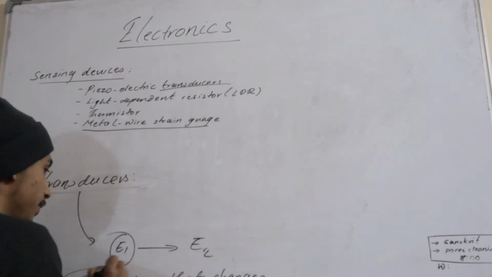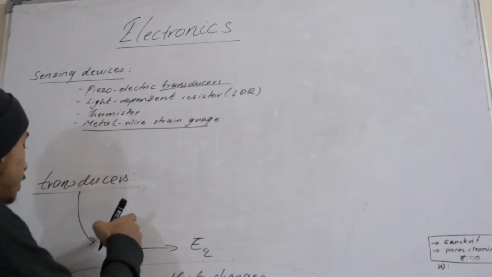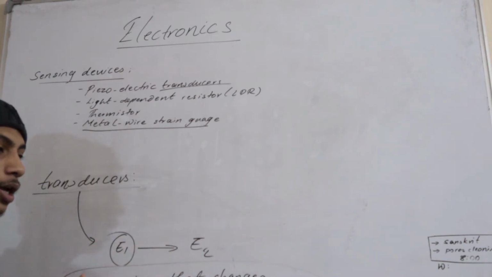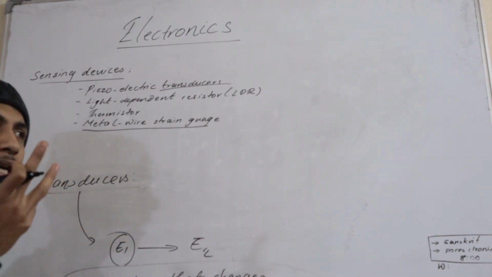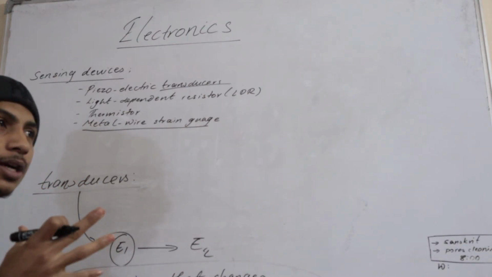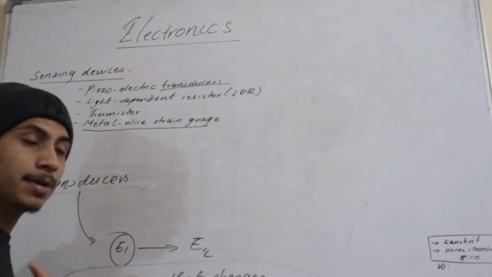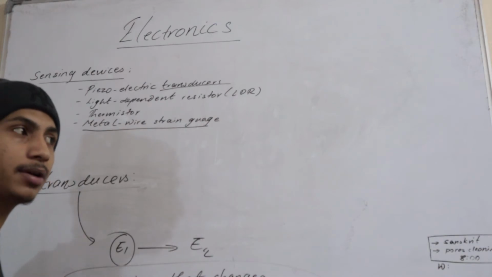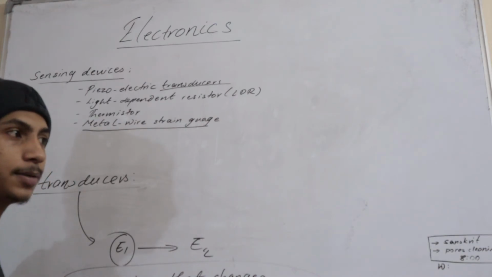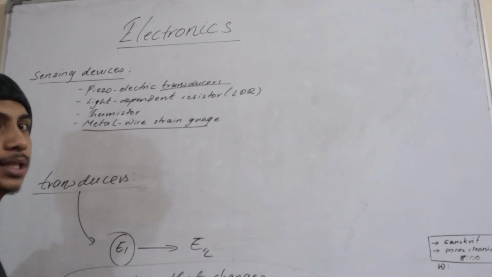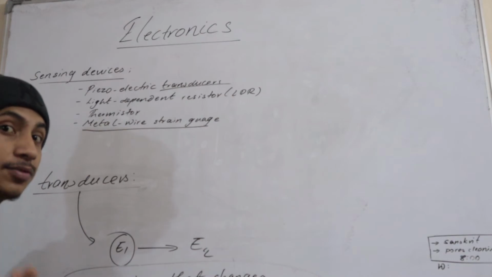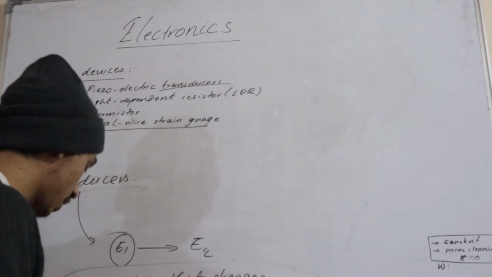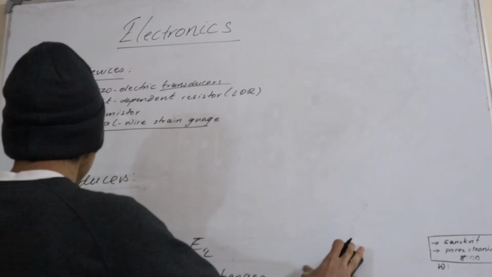In the exam you can even write this: any device that changes one form of energy to another form. Just imagine, a transducer can be a microphone too, or another kind of device that can change one form of energy to another form. You can even write like that. Okay, so this is the transducer.